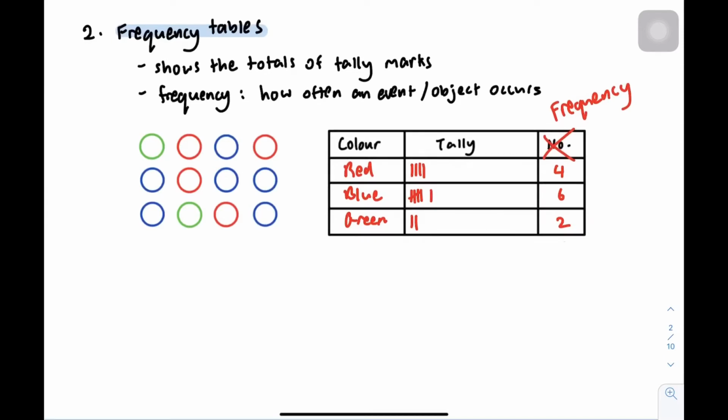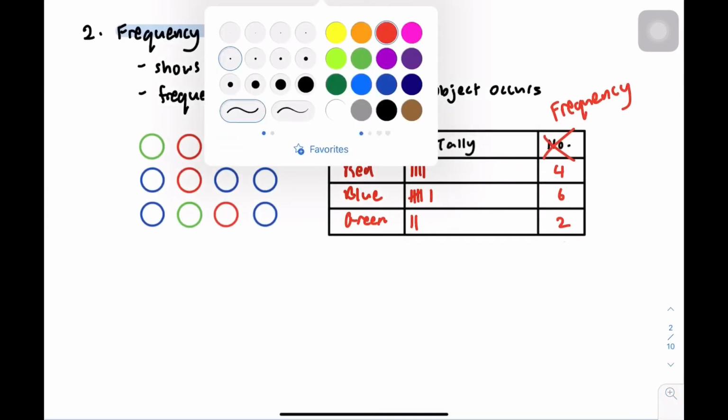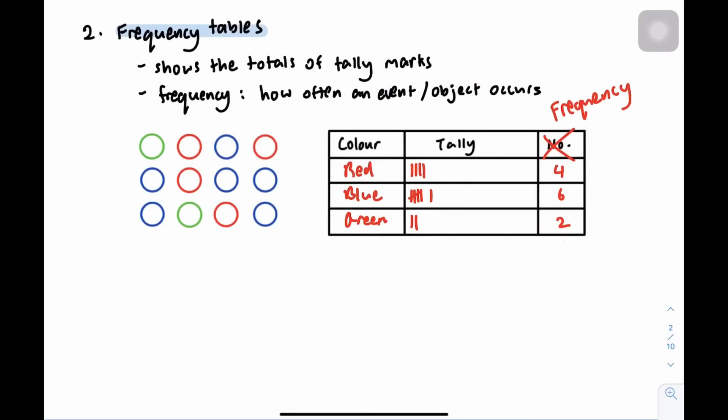After we do this, however, there is one more aspect to frequency tables, and that is that you have to add one more column. Let's just extend these. Okay, so what are we writing here?